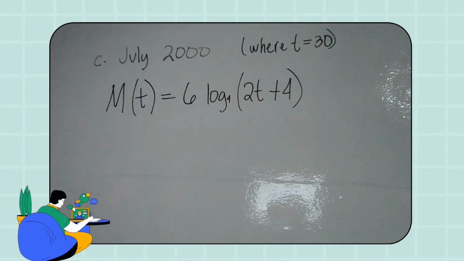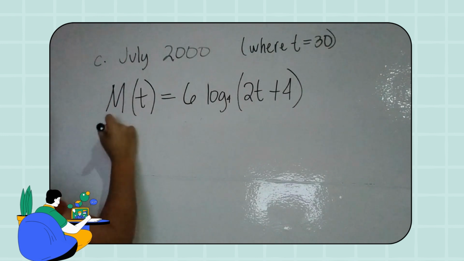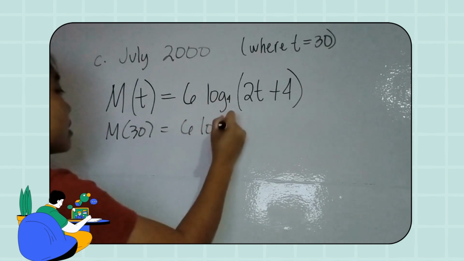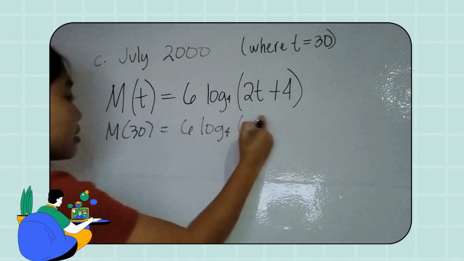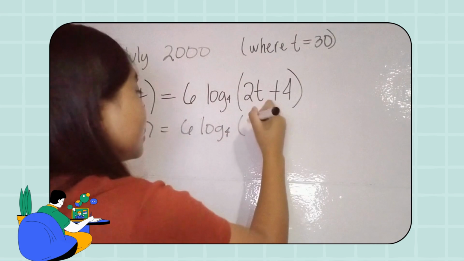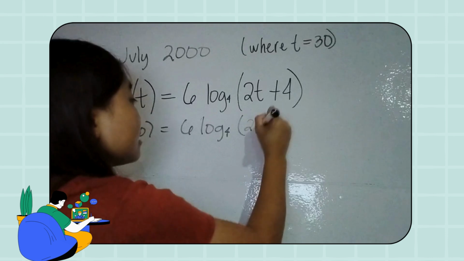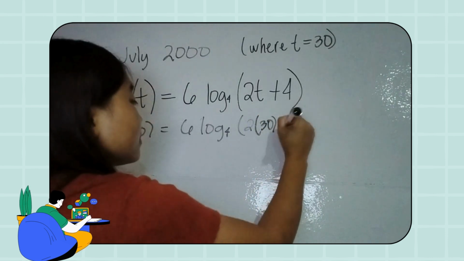And finally, let us proceed to the last month, July 2000, where t is equal to 30. Again, substitute t equals 30 into the same function. So we have m of 30 equals 6 times the logarithm base 4 of the quantity 2t, which again t will be replaced with 30, plus 4.